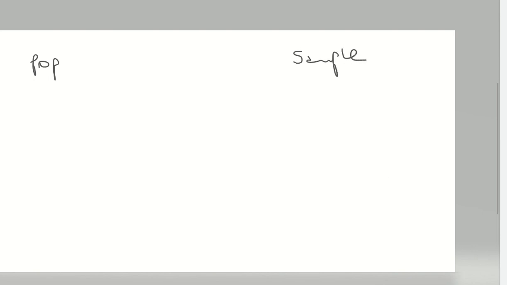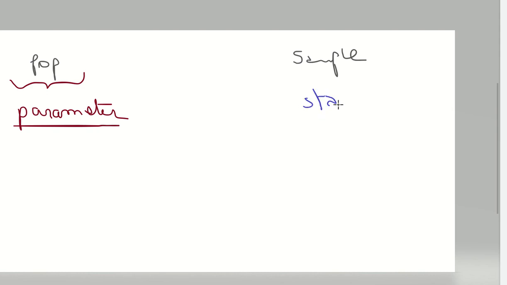Okay, so the values that are in the population are called parameters. The average is a parameter if it's in the population, but the same average, if you calculate it in the sample, will be considered a statistic.